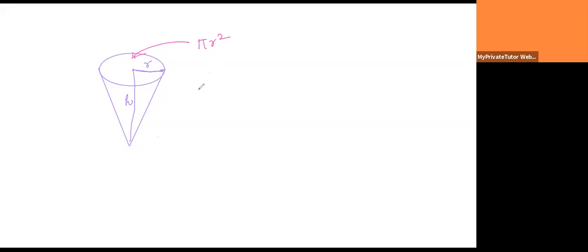And the other portion would be, yeah, this one, 2 pi r h, because this is the circumference 2 pi r and you need to multiply by h. That's it. I hope you guys understand. Anybody has any questions?